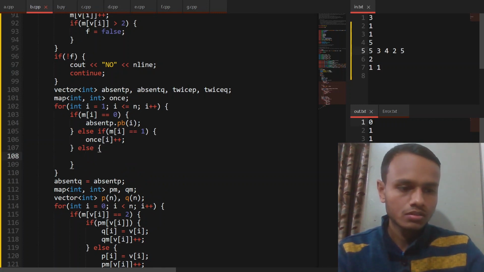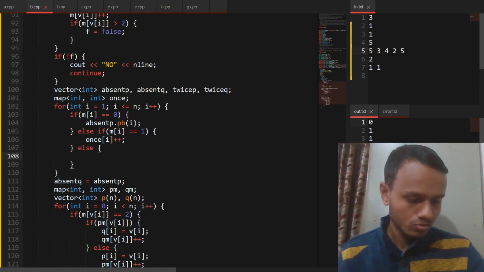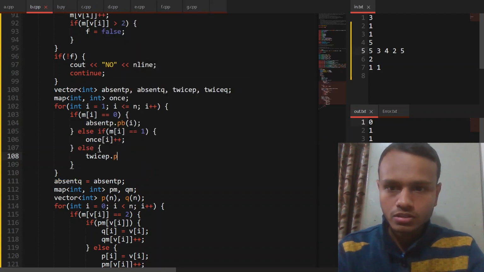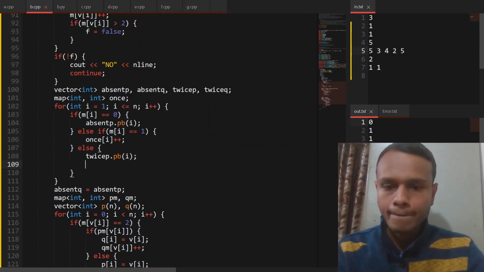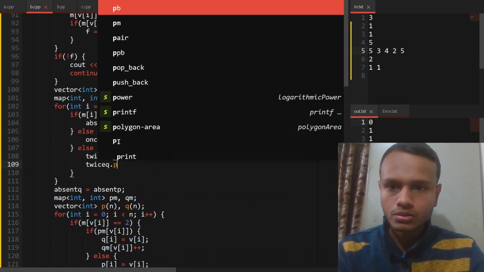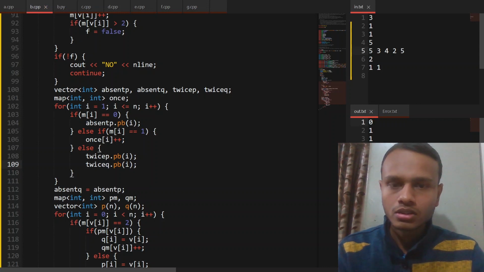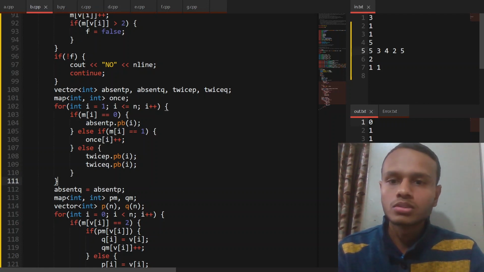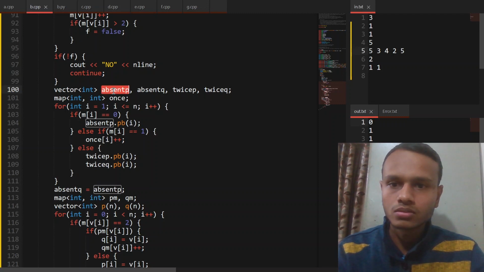Else twice p not pbi and twice q dot pbi, right? So all the numbers will be in sorted order. Like all these 4 vectors are sorted now.